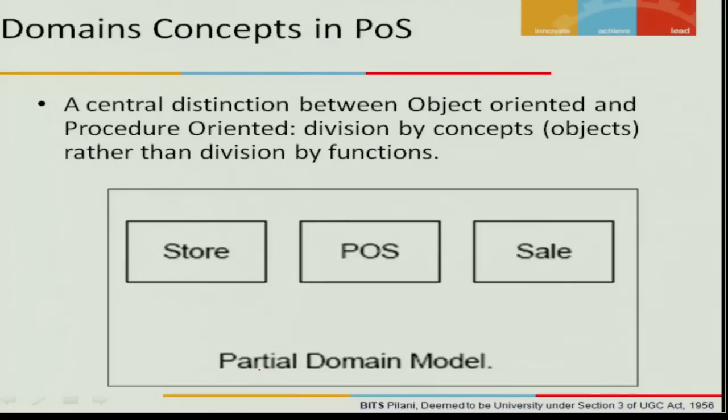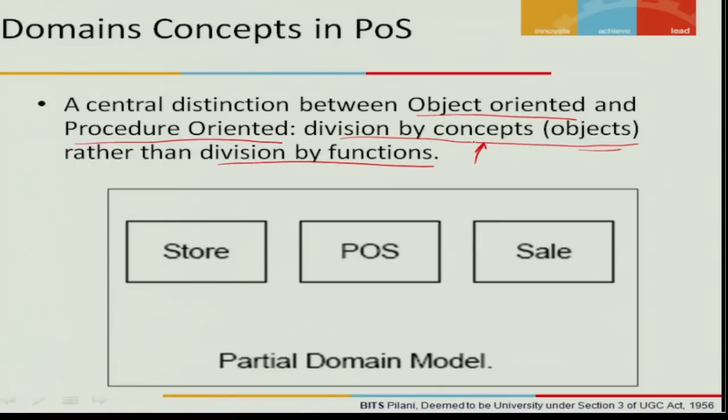We know that in the procedure oriented paradigm the whole software is divided in the form of functions, but in the object oriented paradigm the whole software is divided into different objects. So whenever we say domain model, we are using domain concepts.